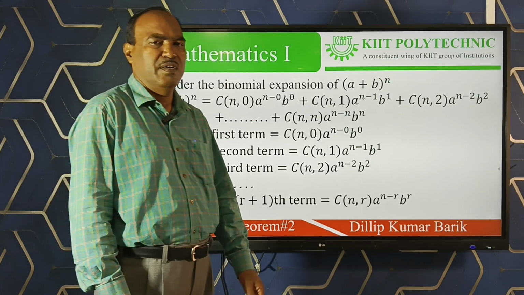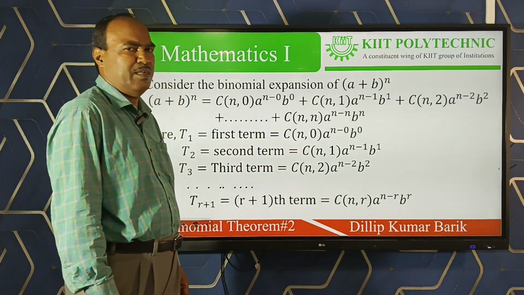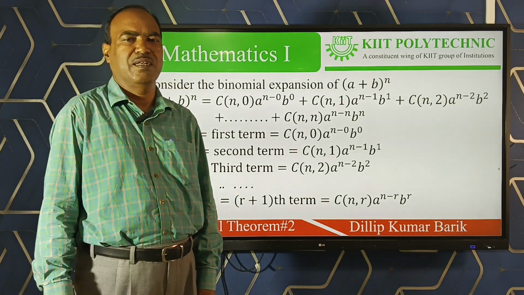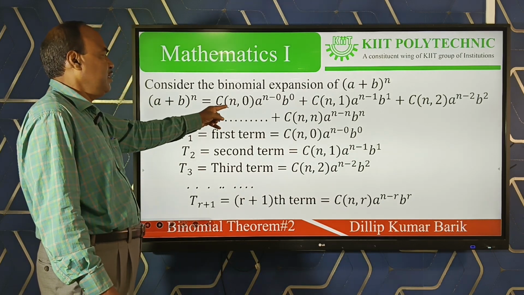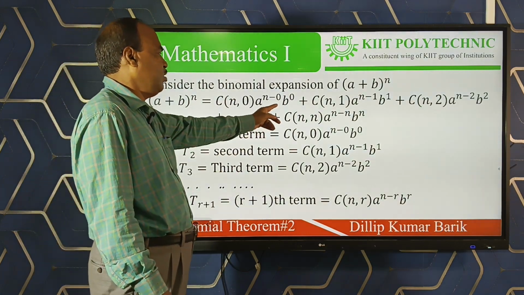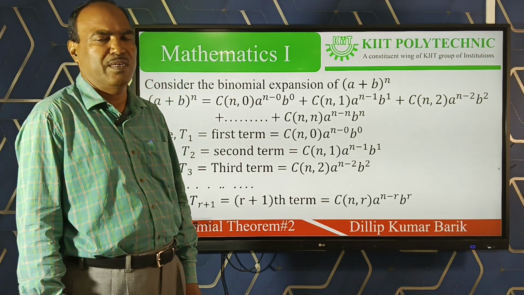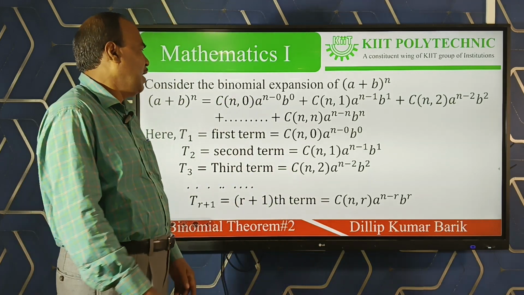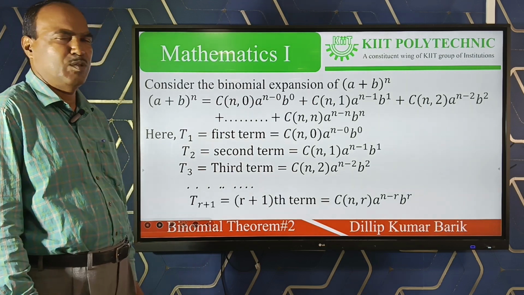Consider any binomial expansion of the common form (a + b) to the power n. Using combination notation, also using Pascal's triangle, we can write it as nC0 a to the power n minus 0 b to the power 0, plus nC1 a to the power n minus 1 b to the power 1, plus nC2 a to the power n minus 2 b squared, and so on, up to the last term nCn a to the power n minus n b to the power n.